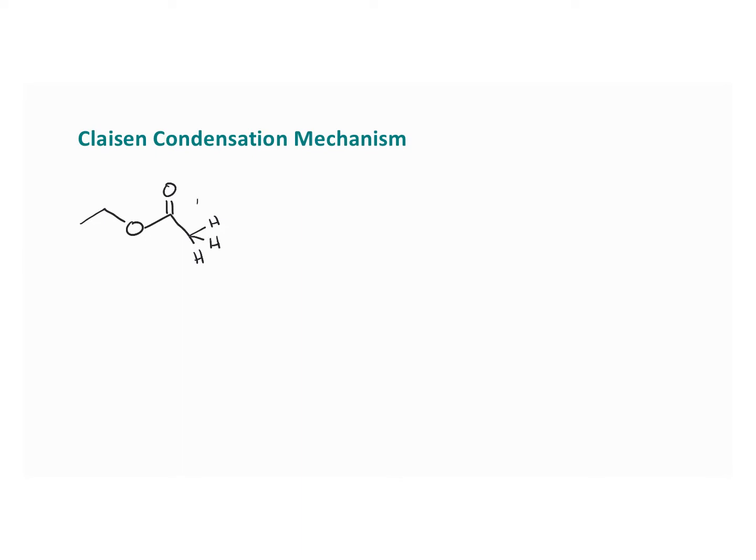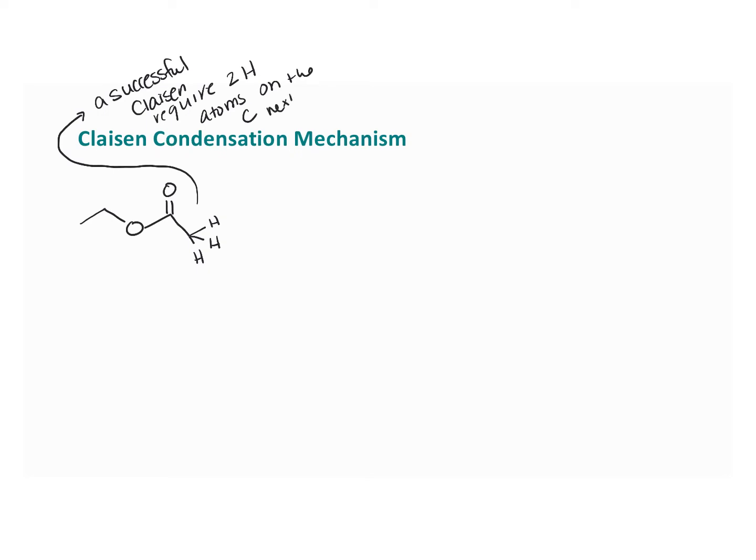But it's important to note that a successful Claisen condensation requires two hydrogen atoms on the carbon next to the carbonyl carbon of the ester group. Okay, because both of those are going to be removed. You have to have at least two because they're going to be removed. So there are three here, so we're totally fine.